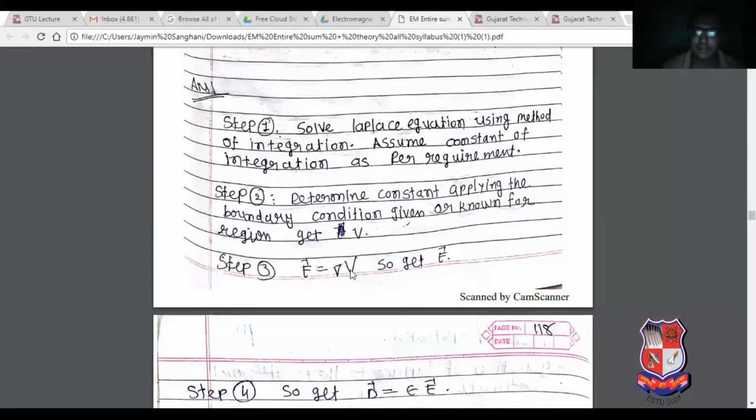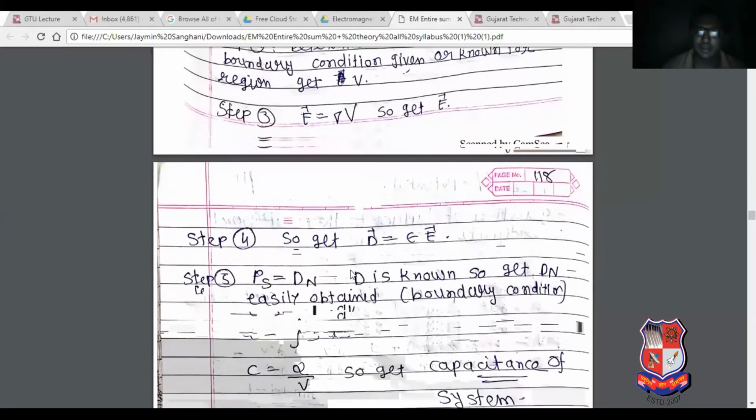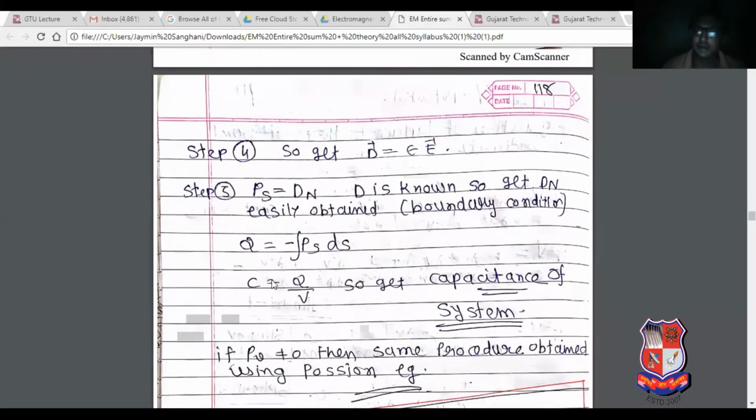Now, E equal to minus del V, so we can get the electric field, D equal to epsilon E, and D equal to rho S. From the boundary condition, we can directly obtain D equal to rho S. It is the concept related to boundary condition.